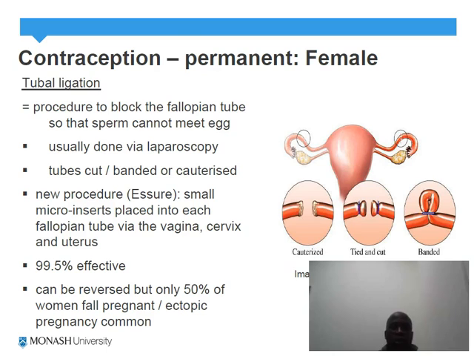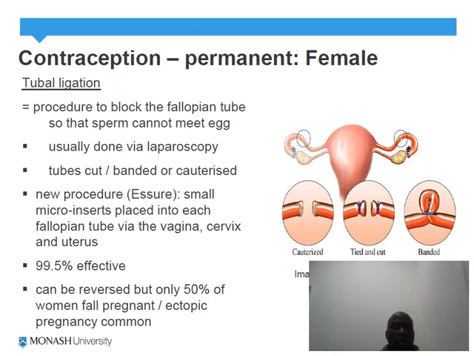Now there is a new procedure of permanent contraception. It's called Essure. Essure involves a small micro-insert placed inside each fallopian tube via the vagina, cervix and uterus. Basically, this is a small rod. Once placed in the fallopian tubes, it induces fibrosis, and that fibrosis will block the fallopian tubes permanently.